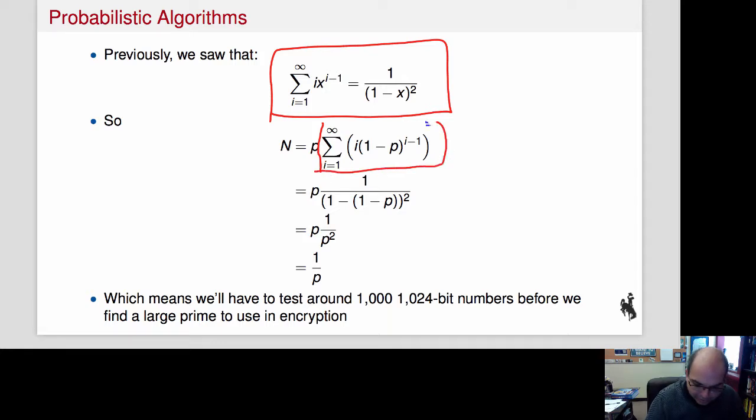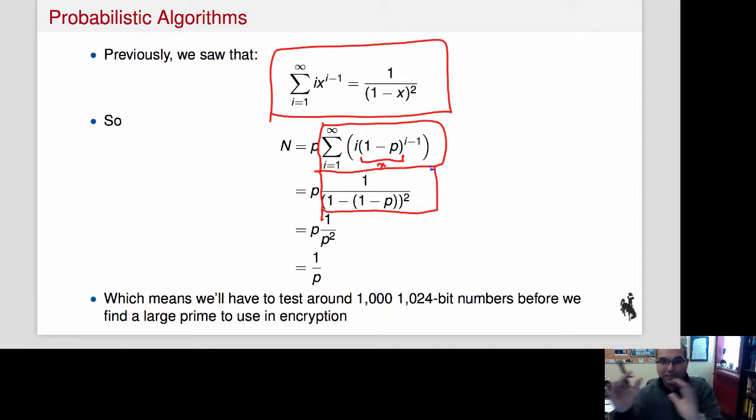We want the sum from i equals 1 to infinity of i times something raised to the i minus 1. That's kind of our x, right? So using that same scheme, we get that that sum should be equal to 1 divided by 1 minus that x, which happens to be 1 minus p, the whole thing raised to the power 2. Okay, awesome, right? And of course, don't forget there's p in front.